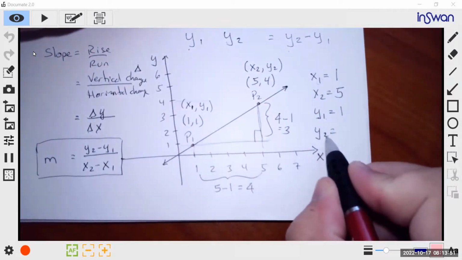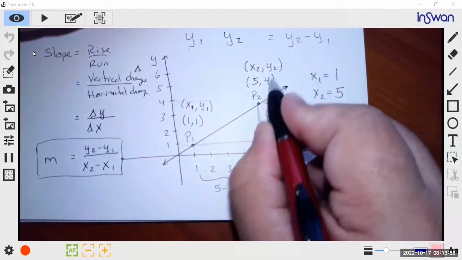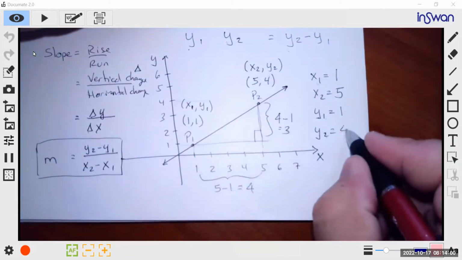And y sub 2 is the y value of the second point. That's what the subscript here means, which point it belongs to and what value it is. So the y value of the second point is 4.